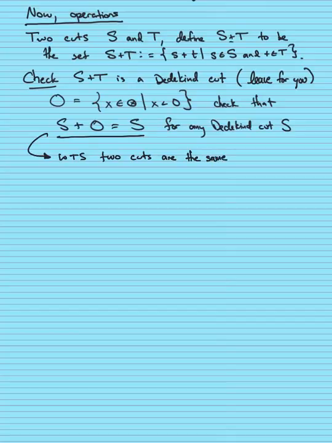So this comes down to showing that two subsets of the rational numbers are the same, which means that you better use double containment.